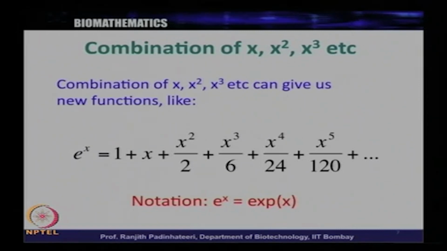For example, x plus x square will give some other function, x minus x square will give some other function. So, any combination of these simple functions will give rise to some other function, and this combination is very useful in describing many natural phenomena, as we will see today.